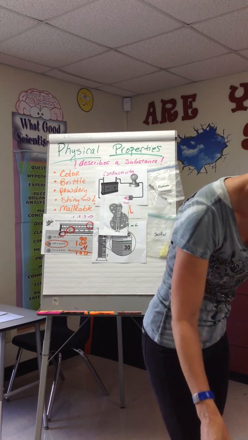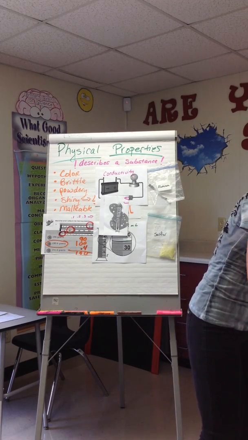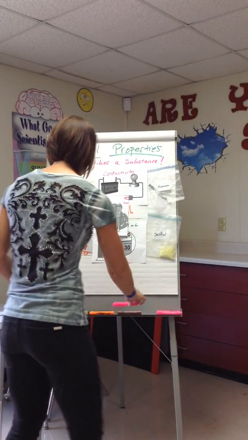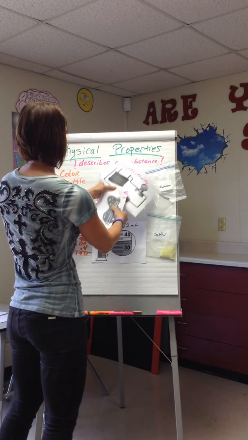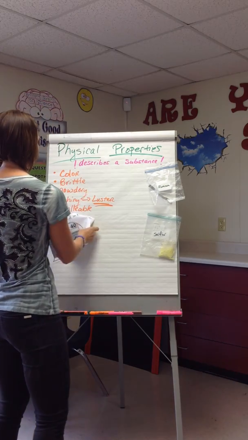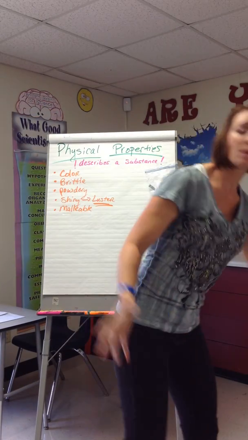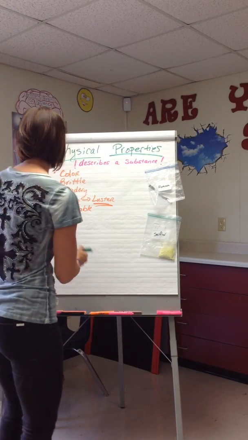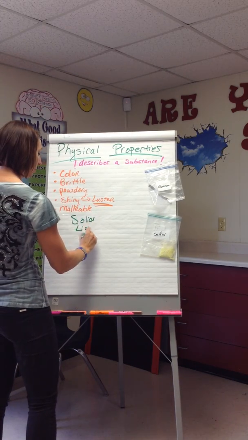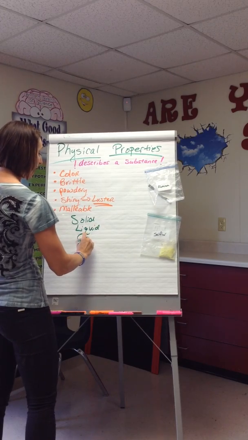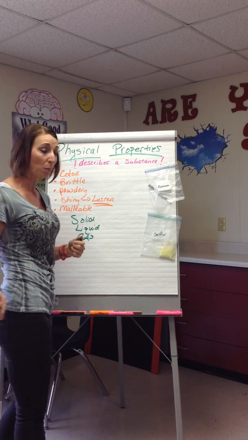Let's see what else. The state of matter. I'm going to start taking some of this off so I can write some more. States of matter are physical properties. Is it a solid? Is it a liquid? Is it a gas? That's a physical property.